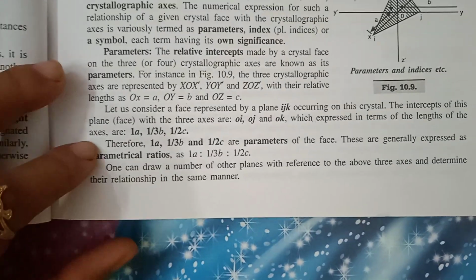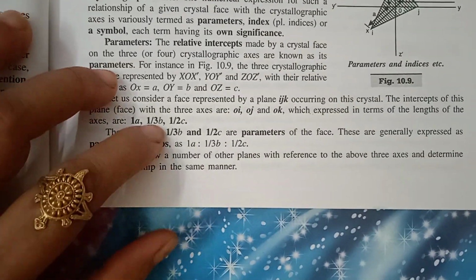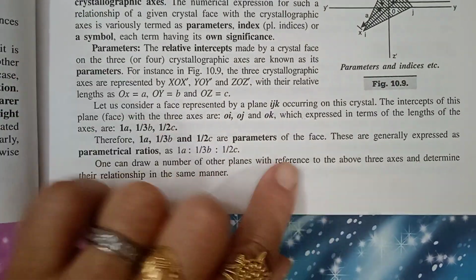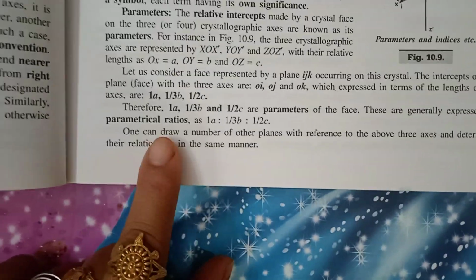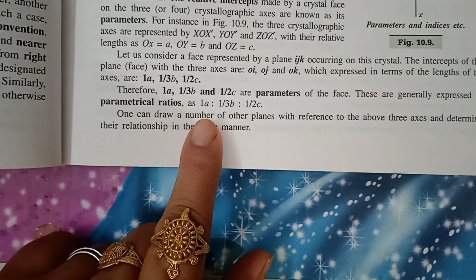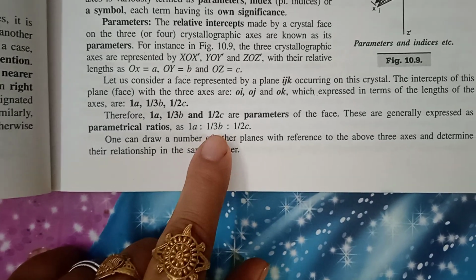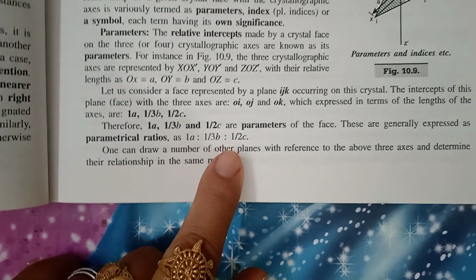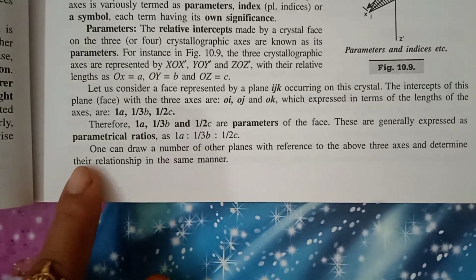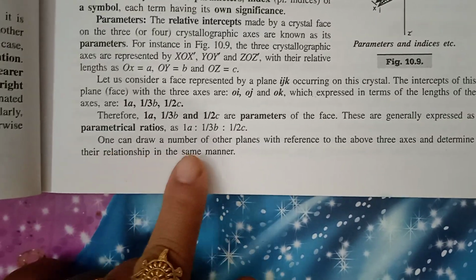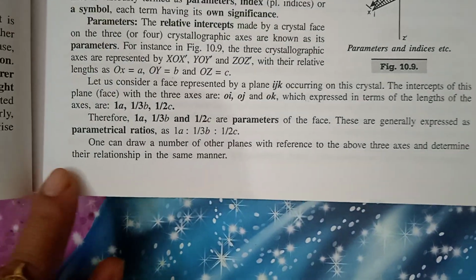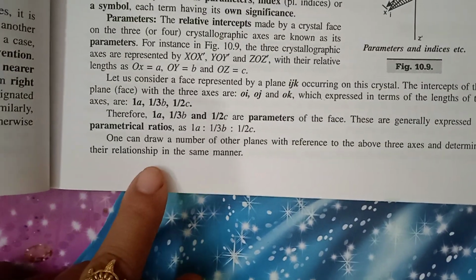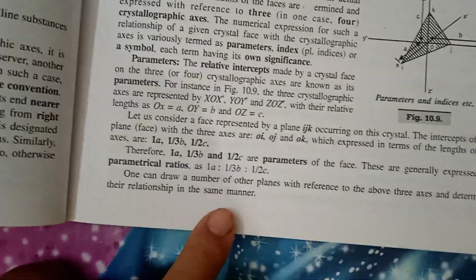So 1a, 1/3 b and 1/2 c are the parameters of the face, and these are generally expressed as parametral ratios: 1a : 1/3 b : 1/2 c. One can draw a number of other planes with reference to the above three axes and determine their relationship in the same manner.